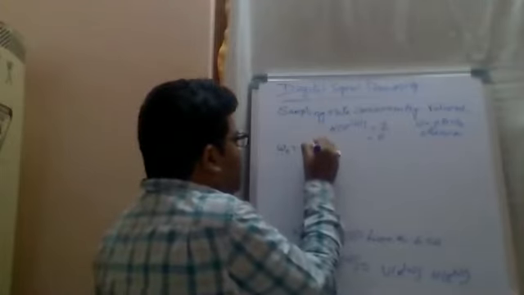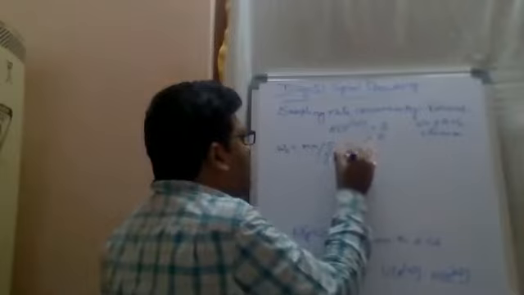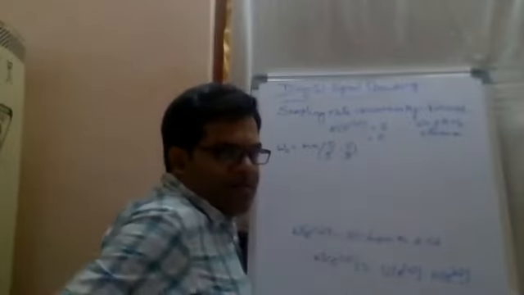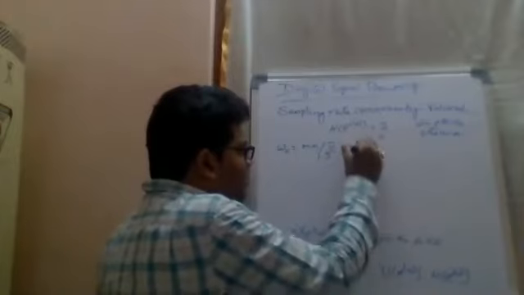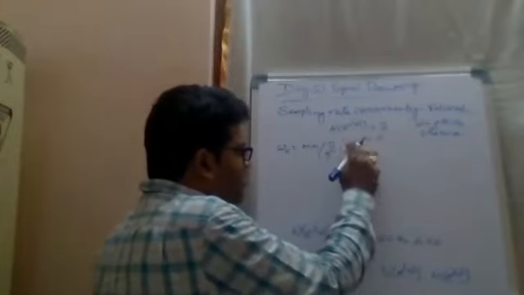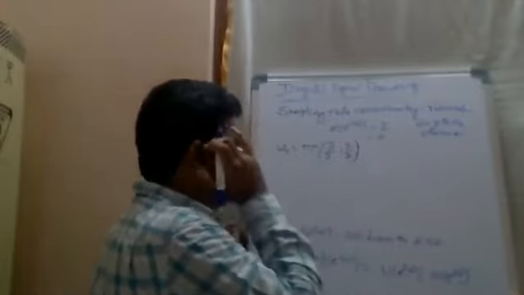Omega c, as I have told you, is the minimum of pi by I comma pi by d. These are the band limited values for the interpolator and decimator. So when you are using the anti-imaging and anti-aliasing filter, omega c is defined as the minimum of pi by I and pi by d.